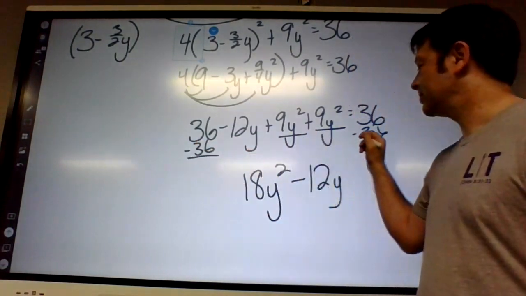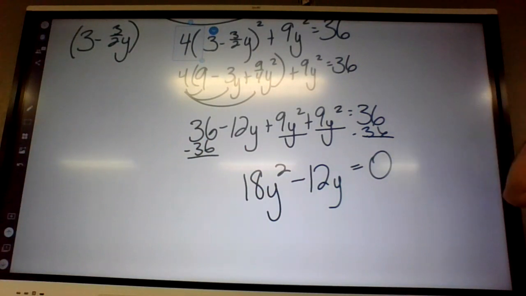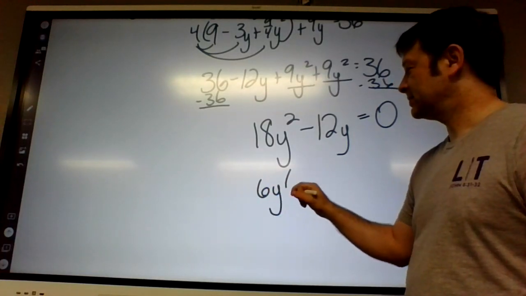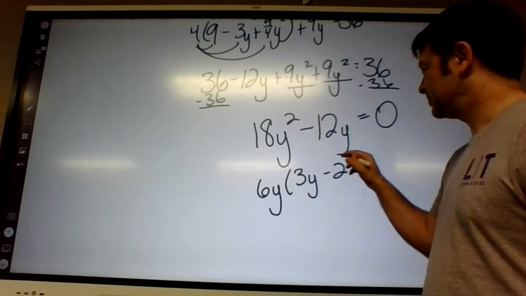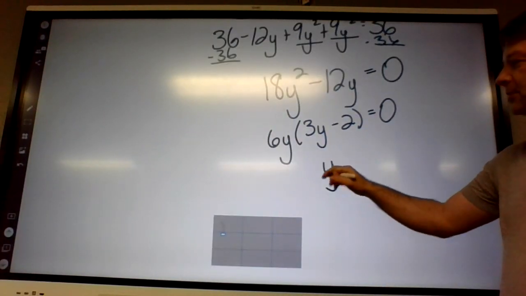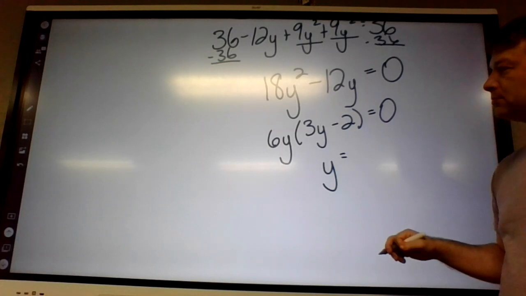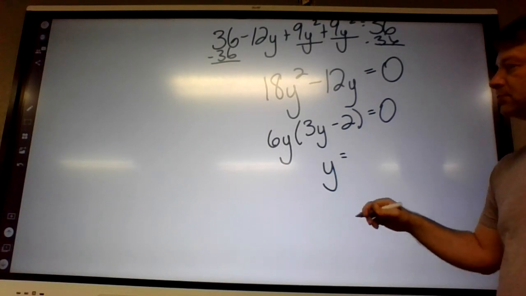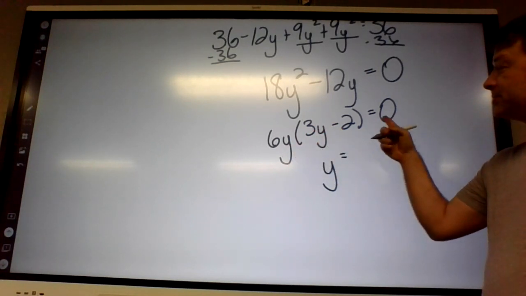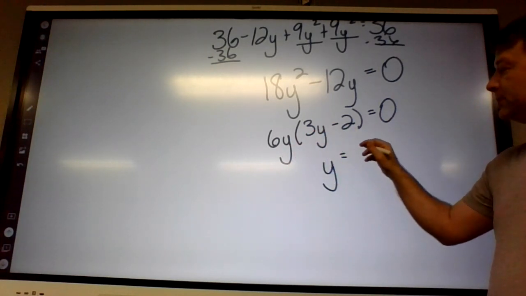It just goes away. Take out a 6y. Alright, then what? y equals 0 or 2 over 3. 0 would make all this equal 0. This is positive 2 over 3.